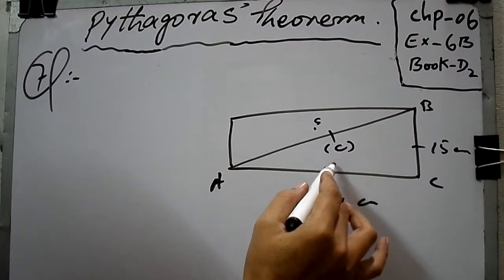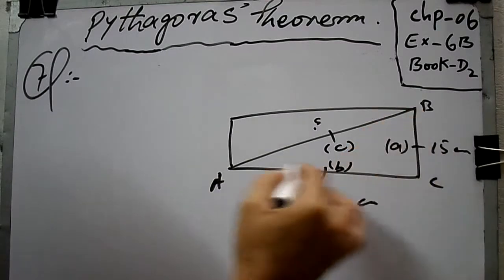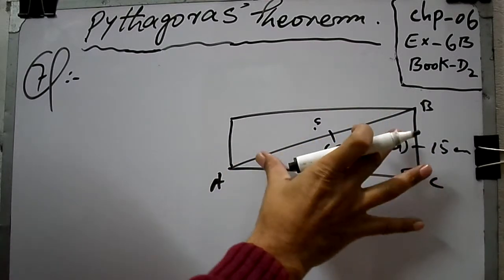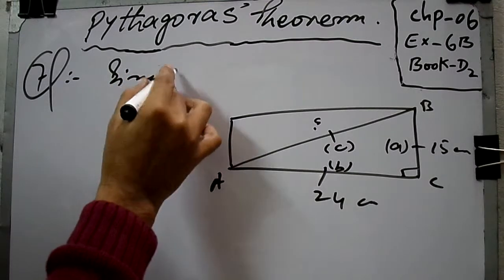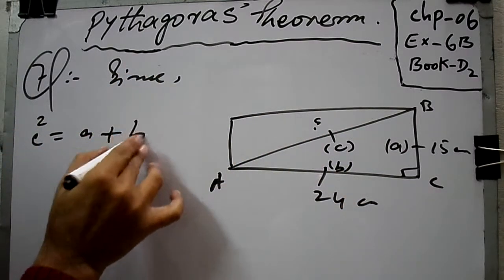Here is your base B, that is your altitude A. So you have a right angle triangle here. Since Pythagoras theorem can be applied on a right angle triangle, C square is equal to A square plus B square.